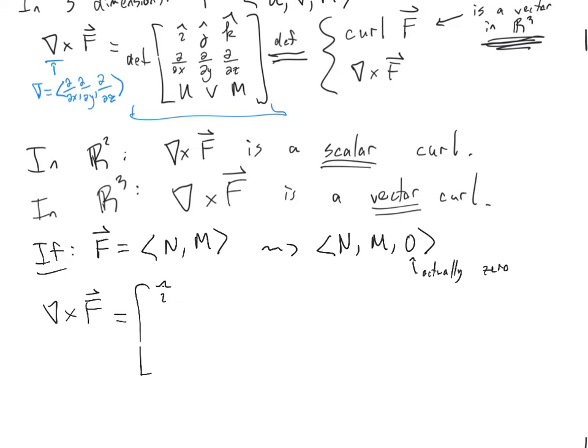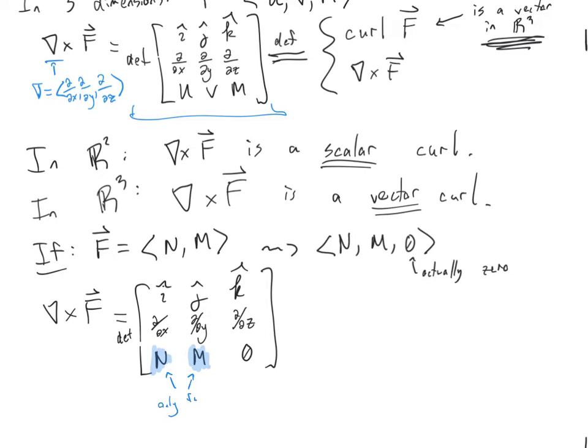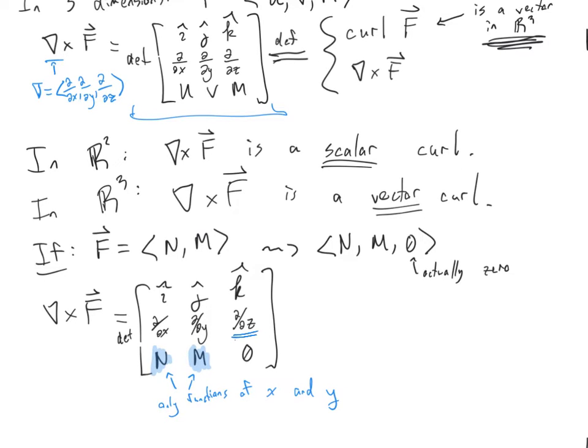So that's i, j, k, d/dx, d/dy, d/dz of n, m, 0. Let's put a slash through 0 to make sure it's 0. And the thing you notice, taking the determinant of this, is that both of these functions, n and m, only are functions of x and y. They have no z's in them because f was a 2-dimensional vector field.